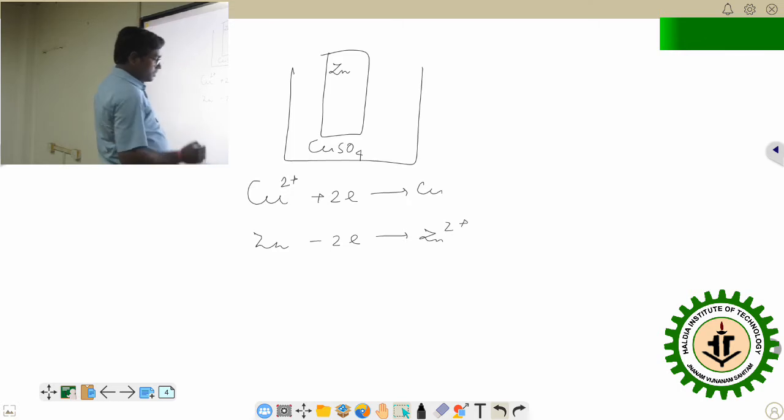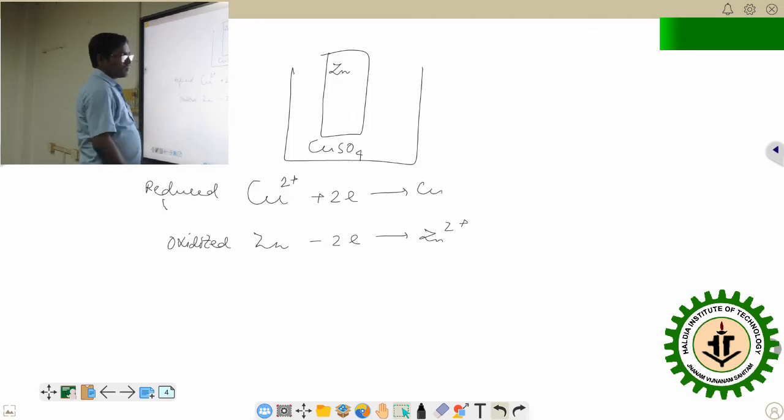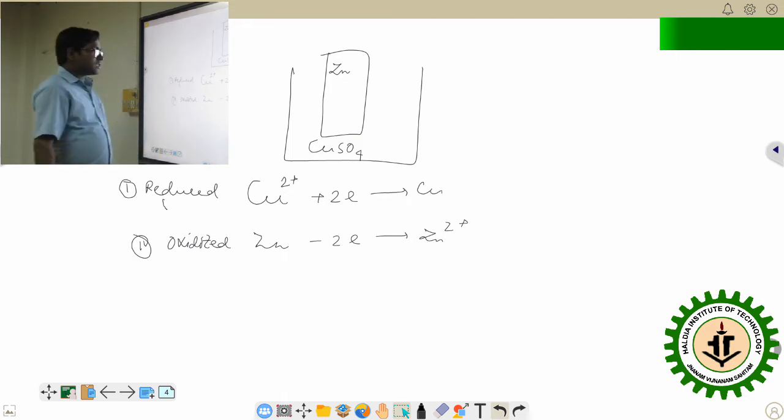So zinc is oxidized and copper is reduced. There are two reactions, one reduction and the other oxidation. Let us try to separate these two reactions.